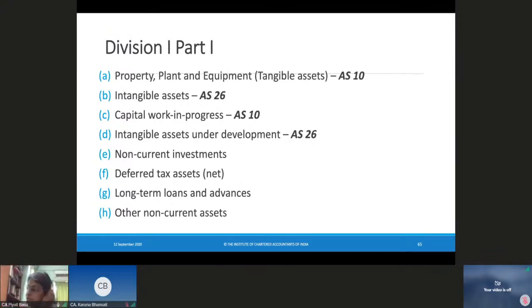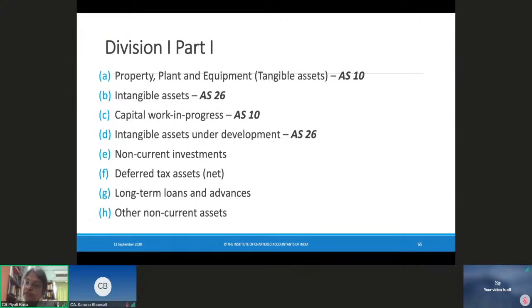Non-current investments. Non-current investments are those not held for trading or on a short-term basis, as we explained. They are like investment in property, equity instruments, preference shares, government securities and bonds, debentures. Like this, they will mature not immediately, not in the short term.